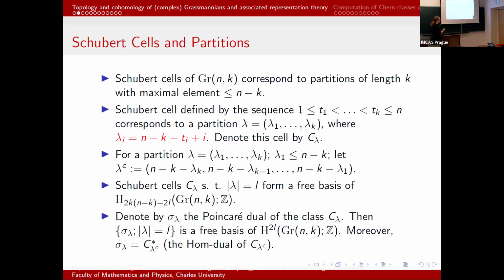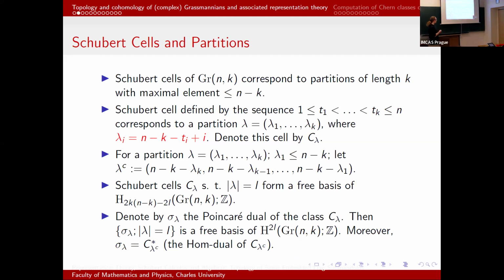Okay, so we've already mentioned how the partitions, respectively the Schubert cells, define a free basis of the homology. And if we denote by sigma lambda the Poincare dual of the homology class of the Schubert cell C lambda, then the classes sigma lambda with the sum of lambda being equal to L form a free basis of the degree 2L cohomology with integer coefficients of the complex Grassmannian.